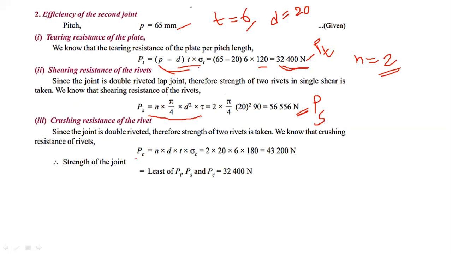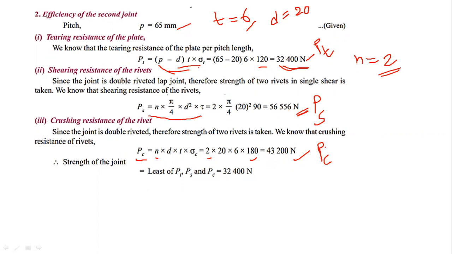Now crushing strength. PC is the crushing strength. PC equal to n into d into t into sigma C. Here n equal to 2, d equal 20 and t equal 6. Sigma C equal to 180. This is the value of crushing strength. Now you can observe PT value equal to 32,400, PS value equal to 56,556, and crushing strength equal to 43,200.